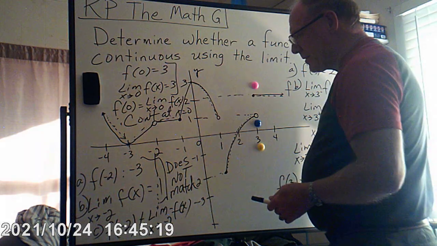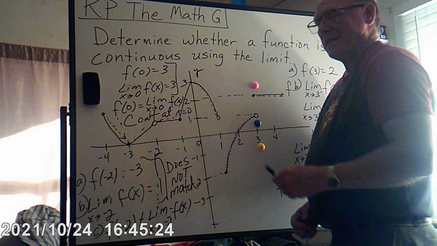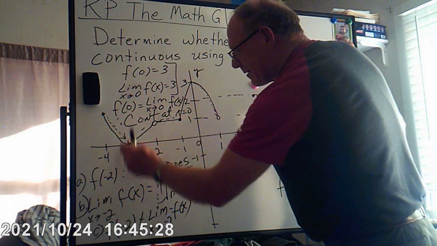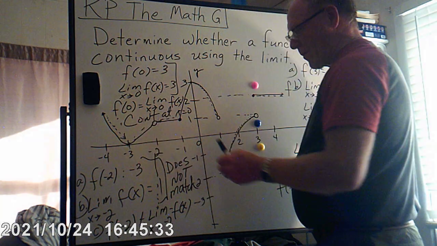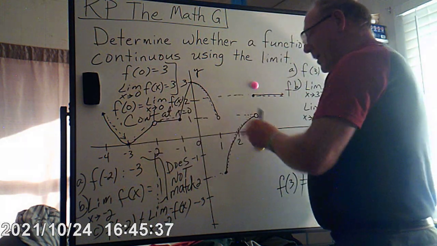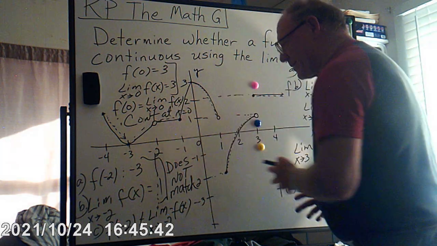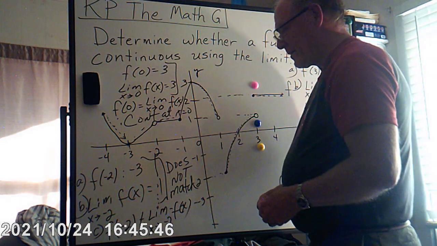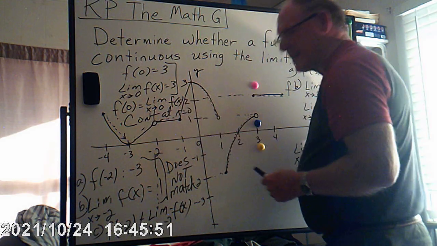But we don't have continuity as far as being at an integer. We have continuity between -3 and -4. We have continuity between -3 and -2, and so on. But we just don't have continuity everywhere on f. f is not continuous everywhere. Okay? So we are looking at continuity at a particular point.